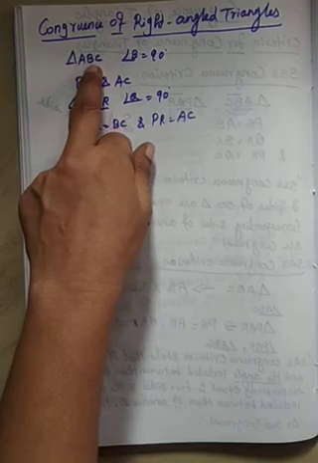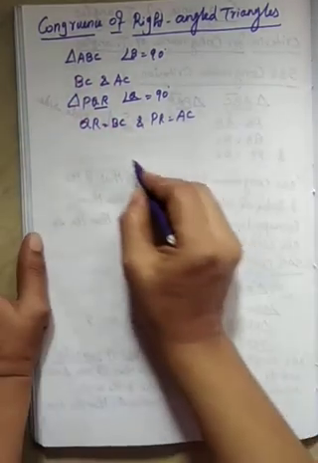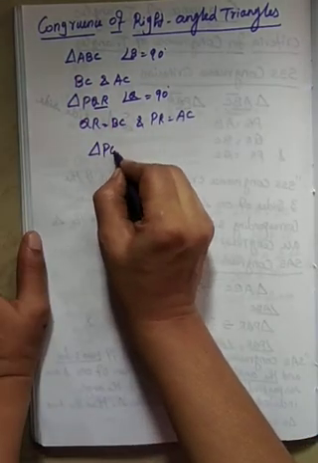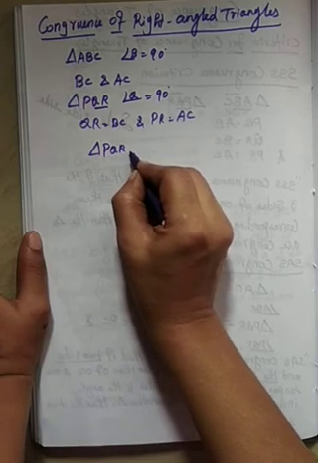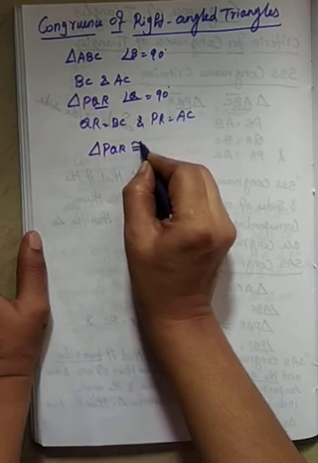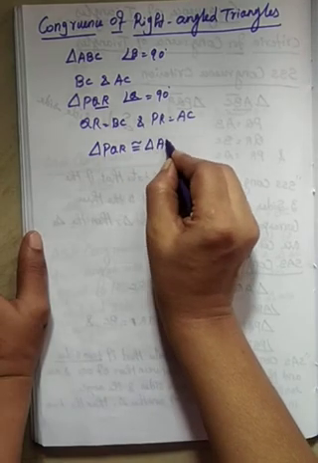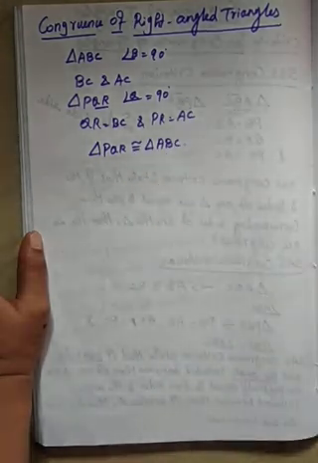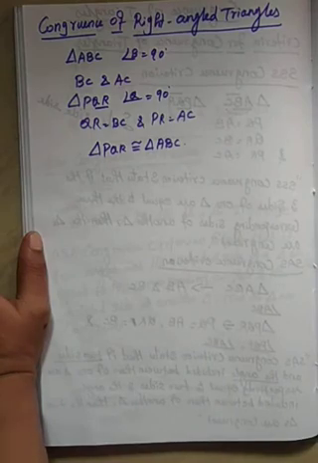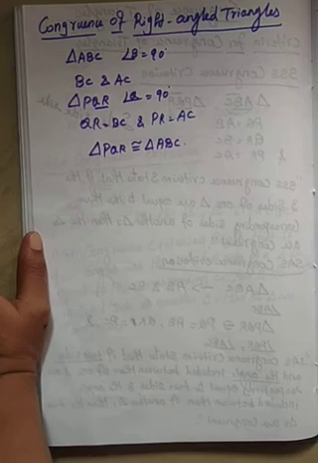So we can conclude that triangle PQR is congruent to triangle ABC. This is the congruence symbol. This is known as the RHS criterion for congruence of two right angle triangles.